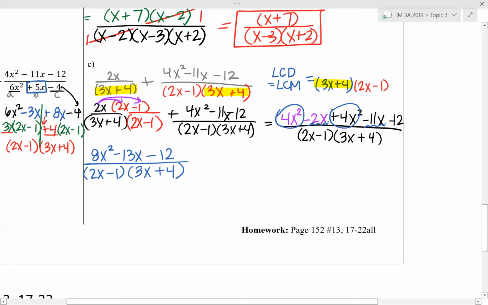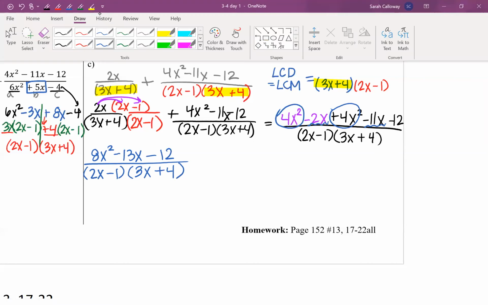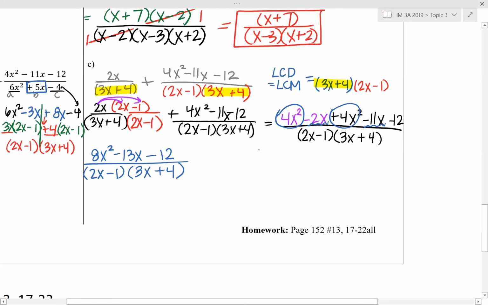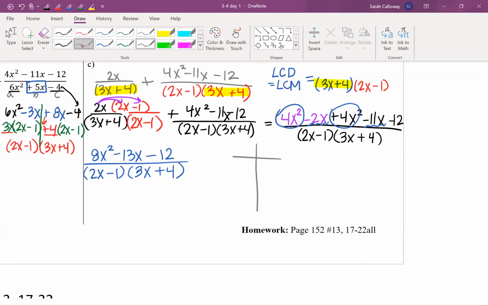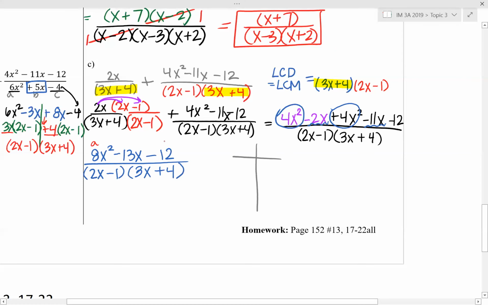So our last step is to determine if we can factor our numerator. So we're looking for two numbers that multiply to a times c, so 8 times negative 12, which is negative 96.